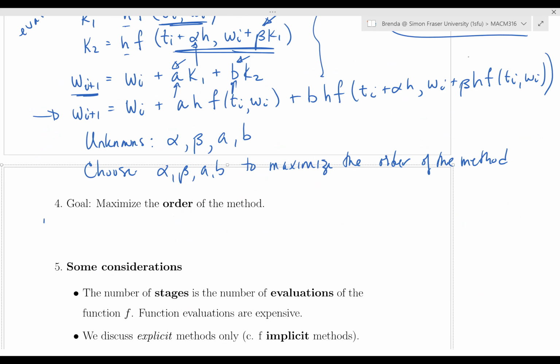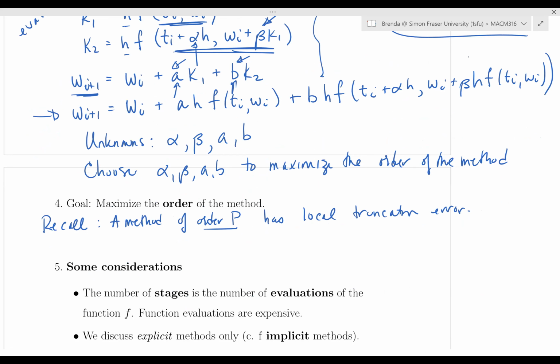Okay, we're going to recall what that means. The method order is defined through the local truncation error. The local truncation error is this: the actual function at i plus 1, minus the approximation rule applied to the actual value at the i-th step, y(t_{i+1}) minus y(t_i) plus H phi(t_i, y(t_i)).